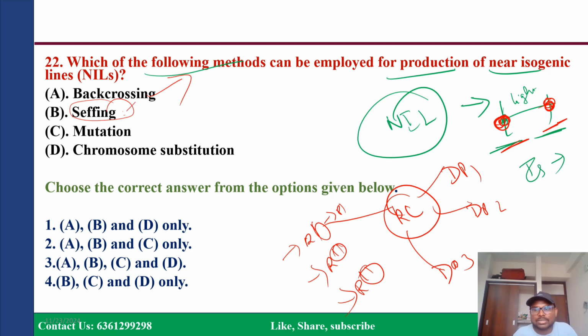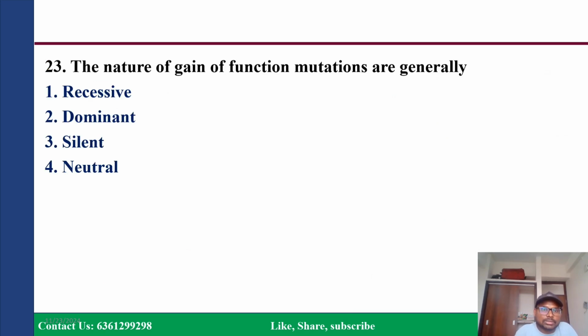You can read the background chapter, you will get to know. And mutation: if you create a point mutation in both the lines, we can create a NIL, and chromosome substitution, like ABCD, in chromosome substitution also will create near isogenic lines. Please read the chapter on how we can create them by duplication and deficiency lines to create NILs.